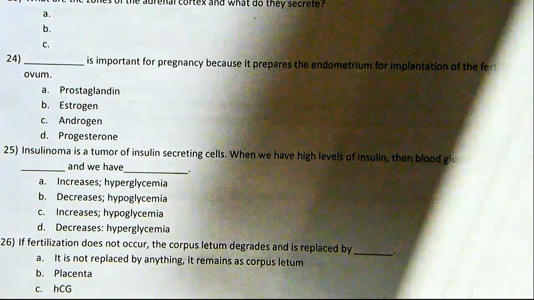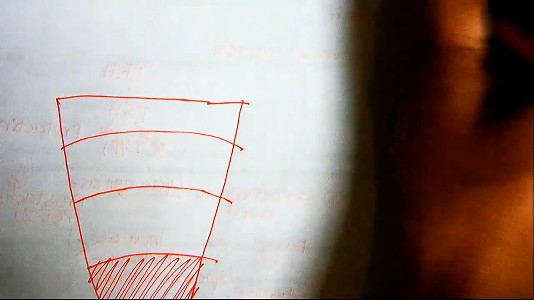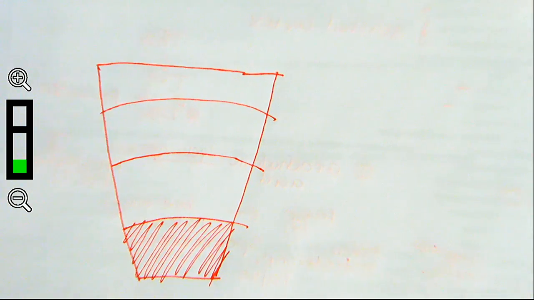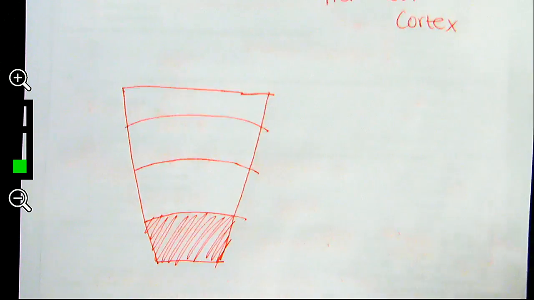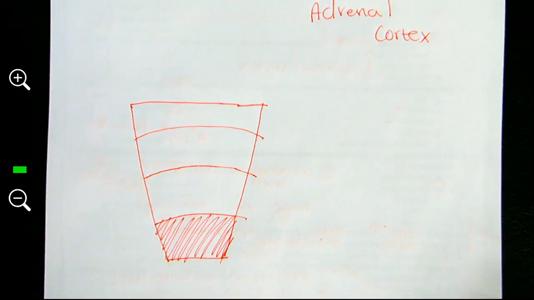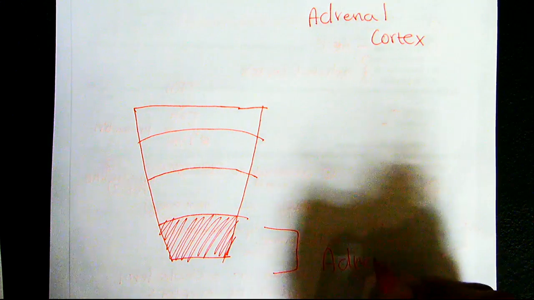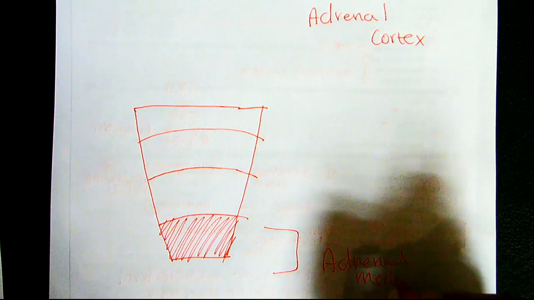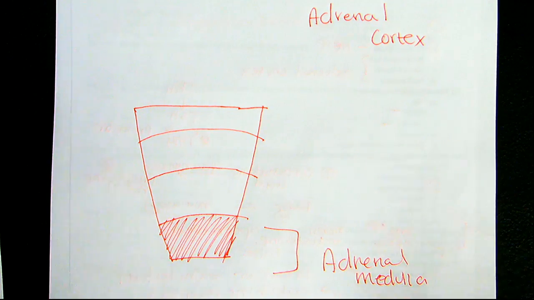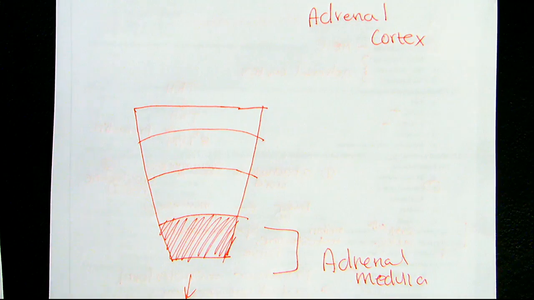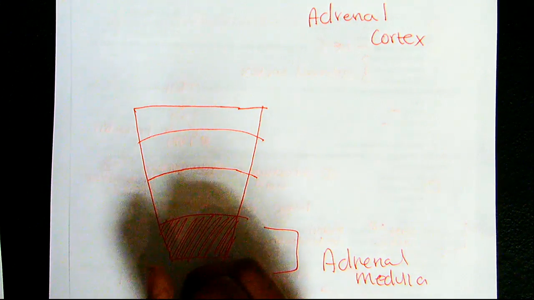So we have 3 zones of the adrenal cortex. And then this part will be the adrenal medulla. The adrenal medulla produces the catecholamines, such as norepinephrine and epinephrine.